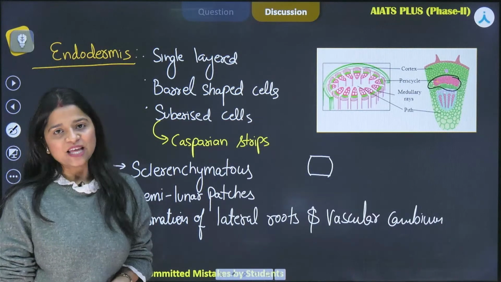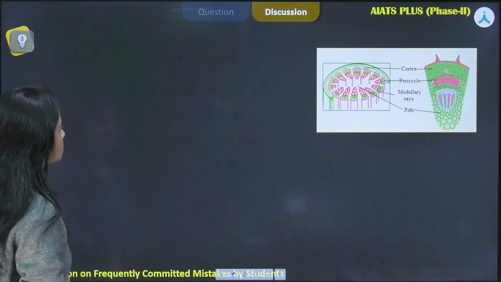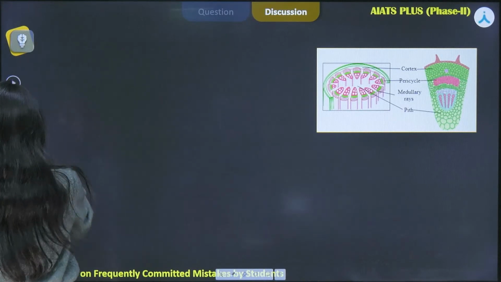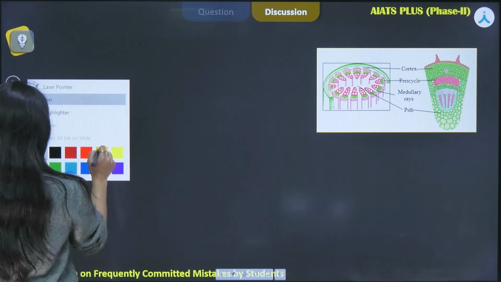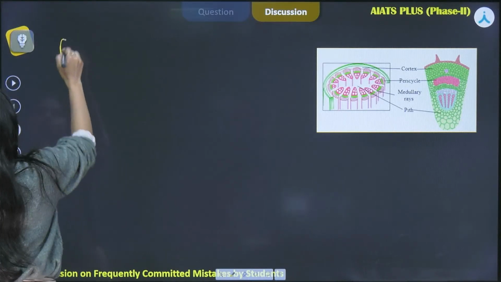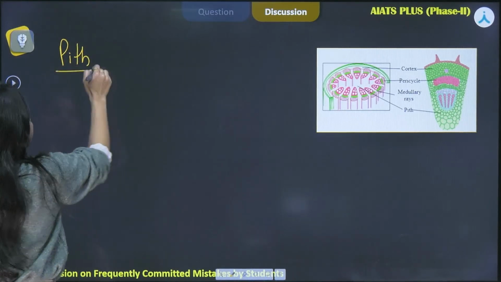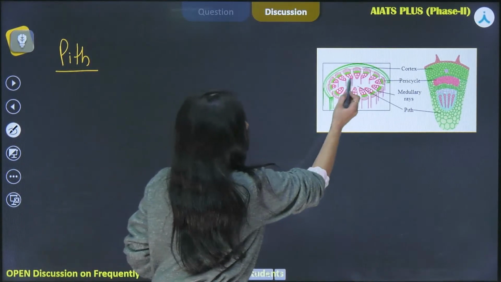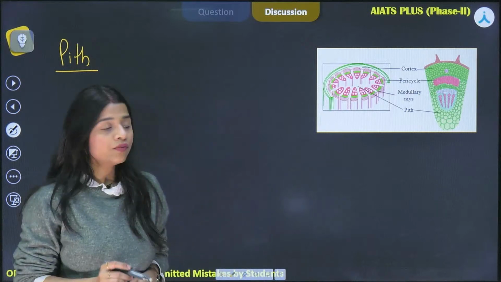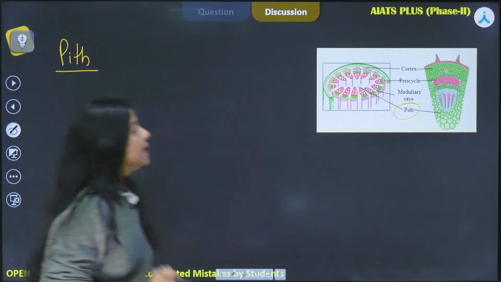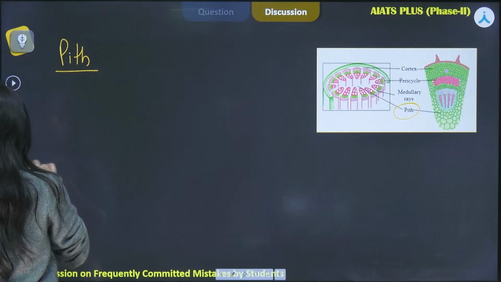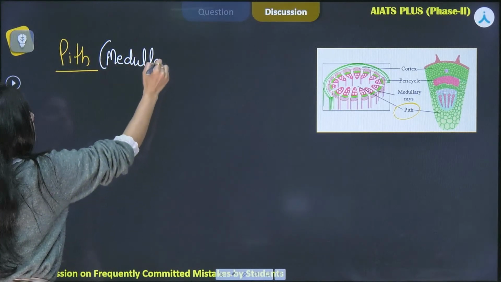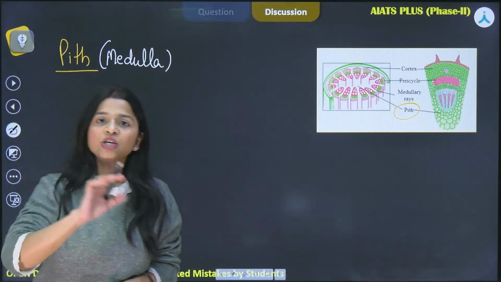The next layer that we have is pith, the innermost layer that we are speaking of. The centermost region that you are observing over here is pith. Now, pith is also called medulla. This is another term that we use for pith.